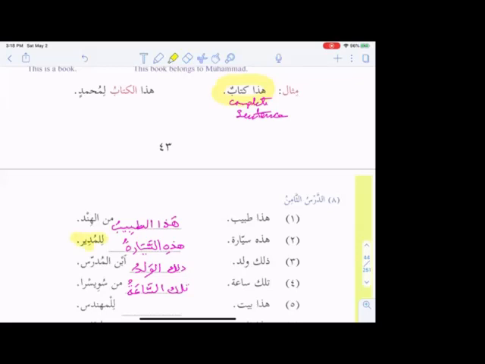ذلك ولد. How will you say now, my brothers and sisters? How will you say? ذلك الولد. ذلك مبتدا الولد بدل ابن المدرس. That boy is the son of Mudaris. This is Mudaf, Mudaf ilayhi.